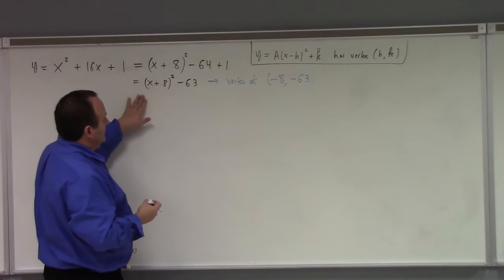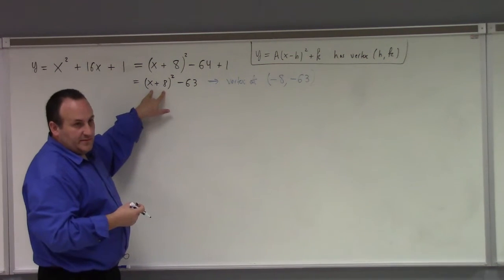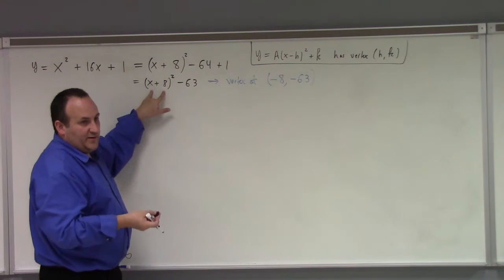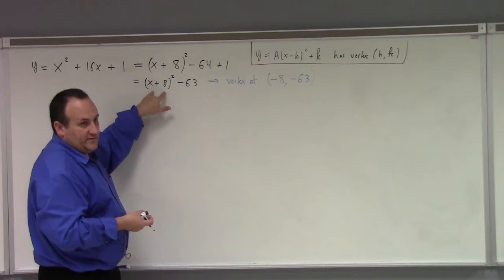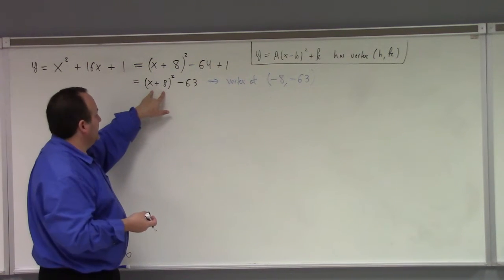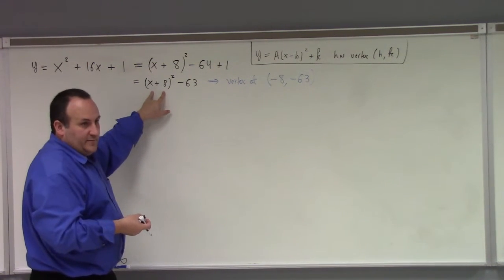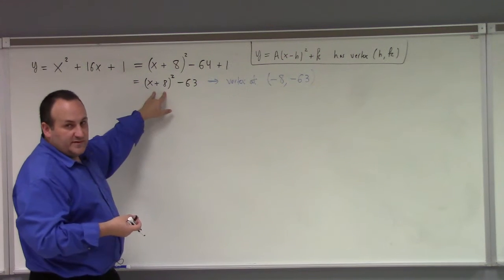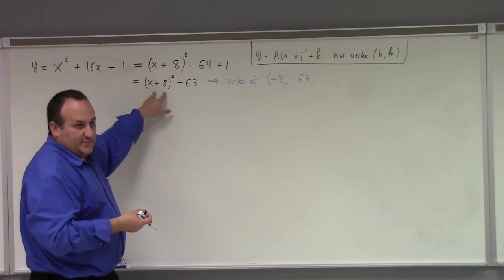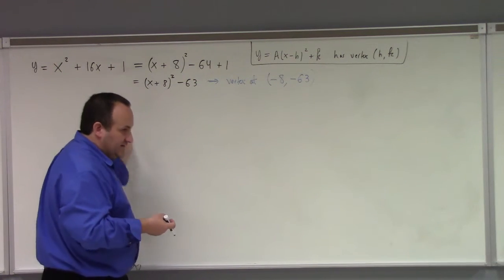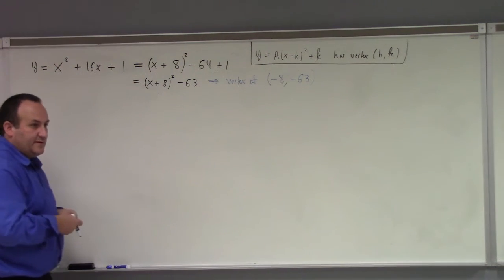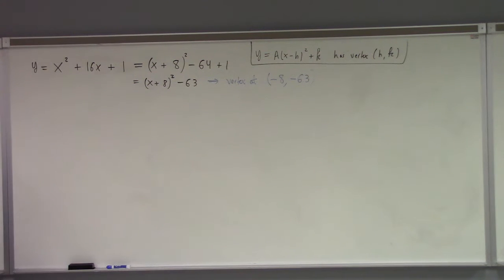The vertex is where this number is 0, which is going to be the smallest value I believe that this can take, right? So if this is 0, the value of the quadratic is minus 63. Whenever this squared term is bigger than 0, you've got some number larger than minus 63, right? So that means that minus 63 is the smallest that it ever gets. That's the vertex of the thing, if you think about it.